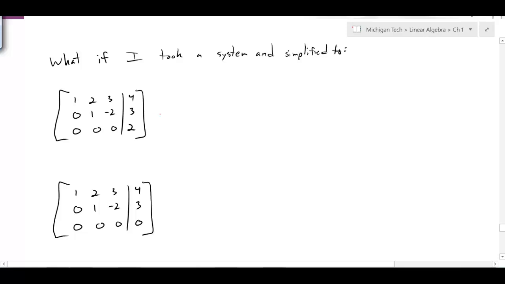Well, if I took this first one, and I wrote out the associated equations, I would get x1 plus 2x2 plus 3x3 equals 4. The second equation would be 1x2 minus 2x3 equals 3. But the last equation would tell me 0x1 plus 0x2 plus 0x3 is equal to 2.